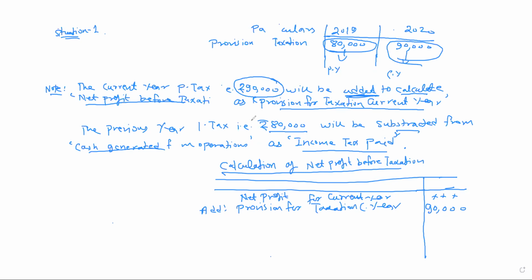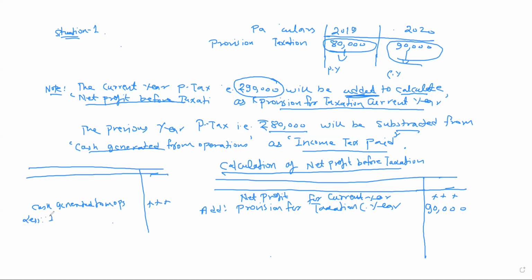Look, what was written here? Previous year figure of 80,000. The previous year's figure of provision for tax will be subtracted from what figure? Cash generated from operations as income tax paid. Remember when you prepare cash flow from operating activities, here an answer comes, cash generated from operations. From this figure what will you subtract?